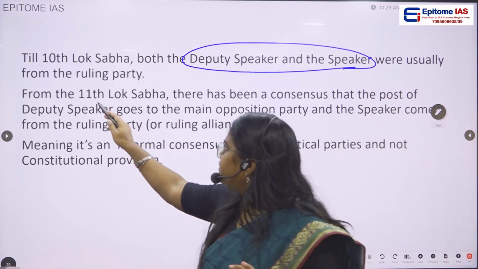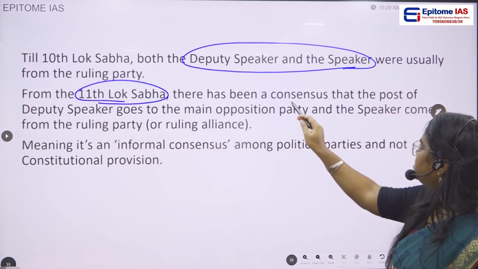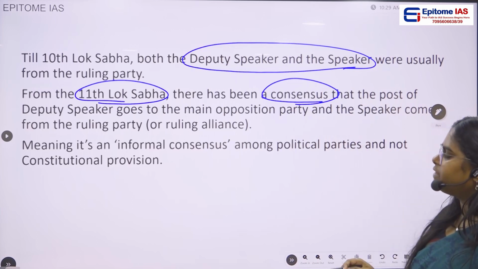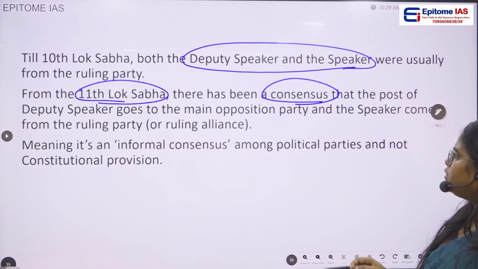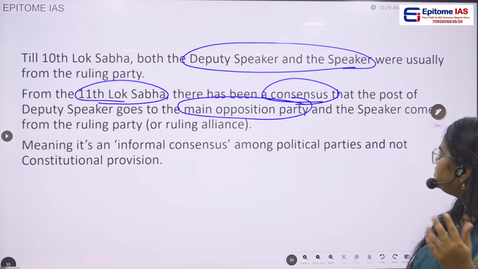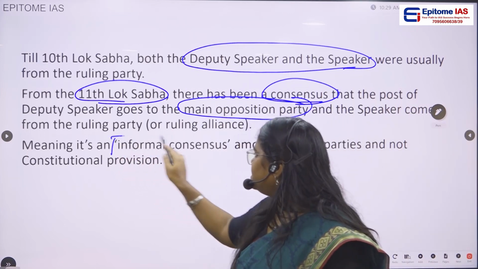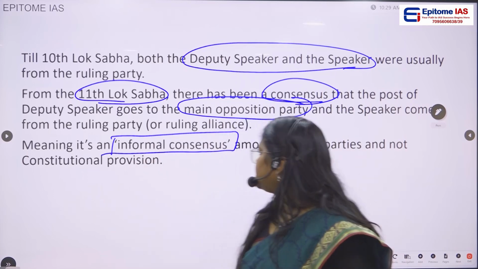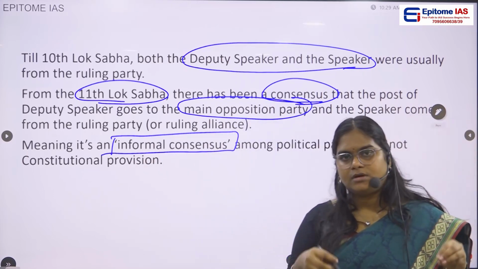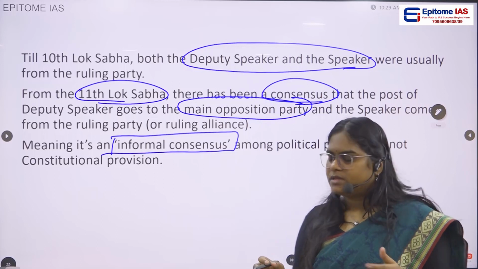From the 11th Lok Sabha, there has been a consensus that the post of deputy speaker goes to the main opposition party and the speaker comes from the ruling party. So this is technically an informal consensus. It is not a constitutional provision. That's what they are saying.